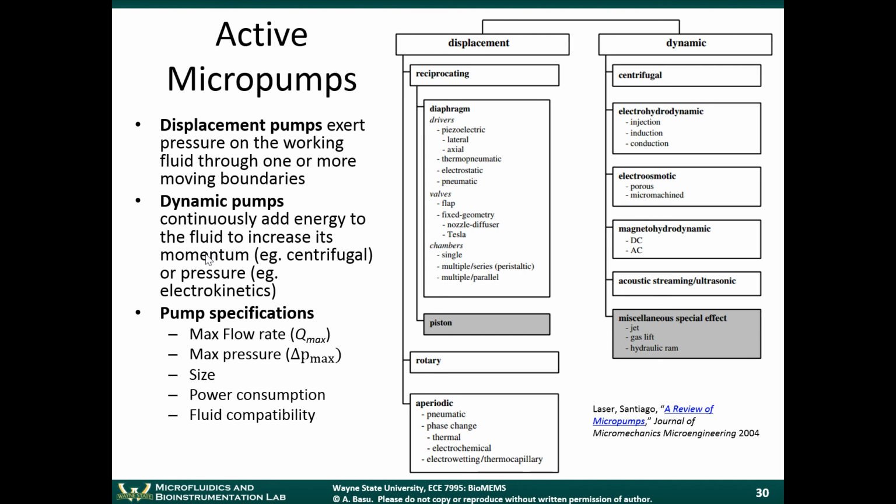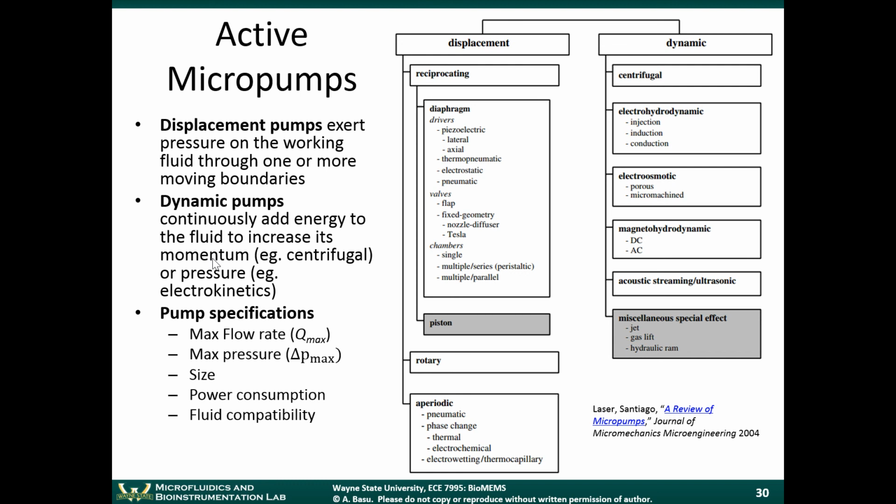What do you think will happen to it? It goes to the outside. Yeah, absolutely. It spreads out to the outside, right? Because of centrifugal force. So that's an example of a dynamic pump. Spinning the disc is adding centrifugal force into whatever liquid is there, and that's pushing the liquid out.